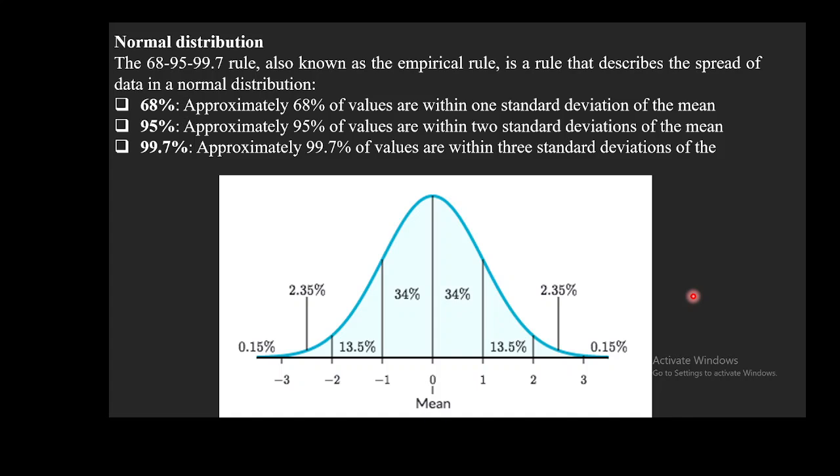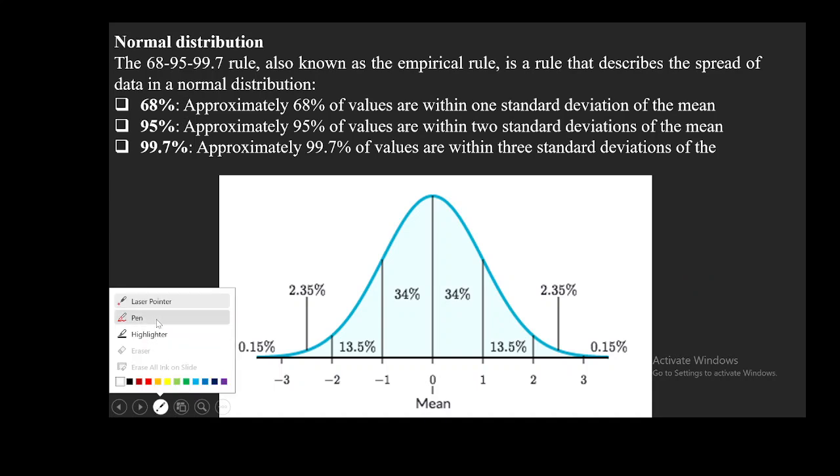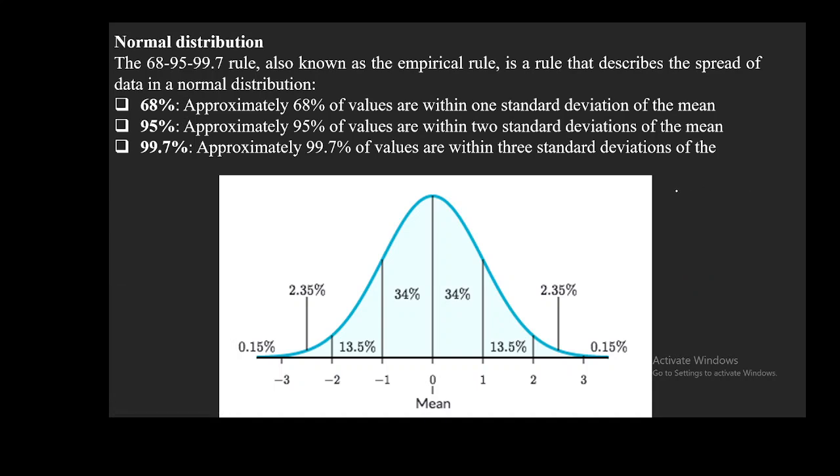Now coming to the normal distribution, what is the normal distribution? Whenever the number is continuous, for example, if you are measuring height, there are basically two kinds of variables. One is the continuous variable, like height. Your height could be 1 feet, 1.1 feet, or 5 feet, 5.1 feet, 5.11 feet, like this.